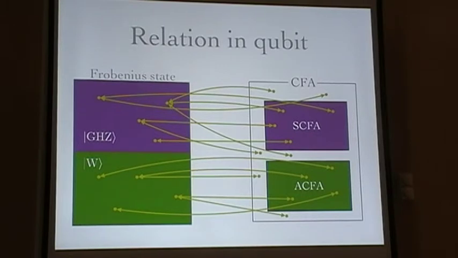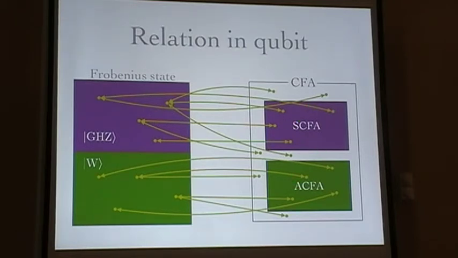As I said, there are only two SLOCC equivalent classes of Frobenius states in qubit. These are CFAs which are made from one Frobenius state, but they belong to only one class of CFA, not both.